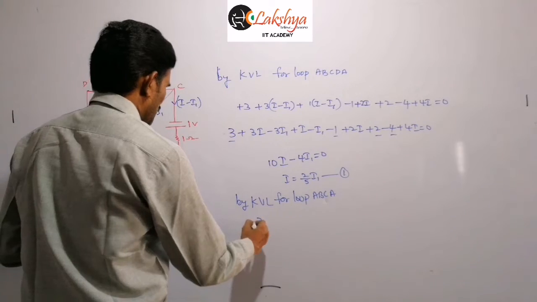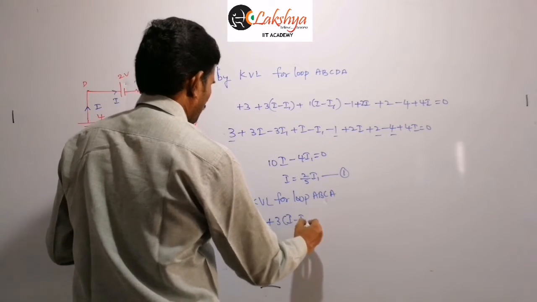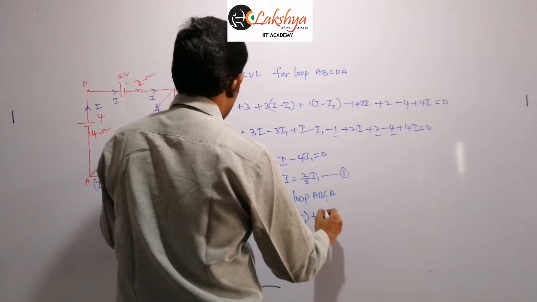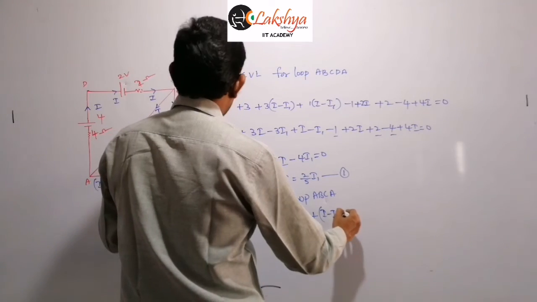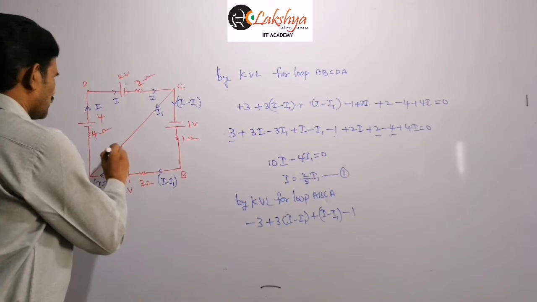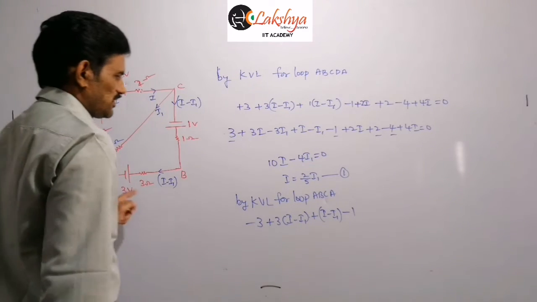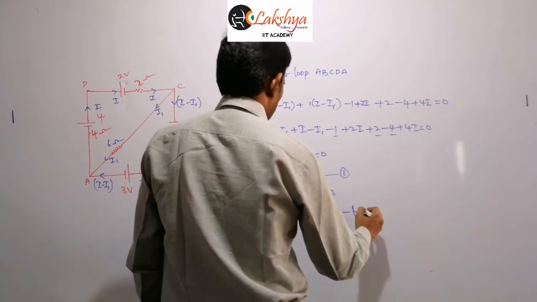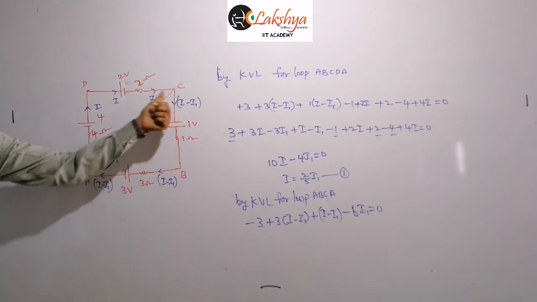So it is minus 3 plus 3 into I minus I1 and this is again plus I minus I1 and then it is minus 1, and here resistance is required. I am taking this resistance as some 6 ohms. It is given data only. So then it is 6i1 I am taking there is equal to 0 for this loop, right?